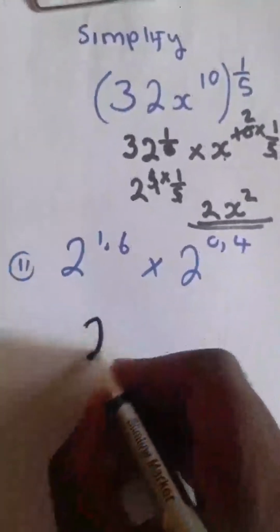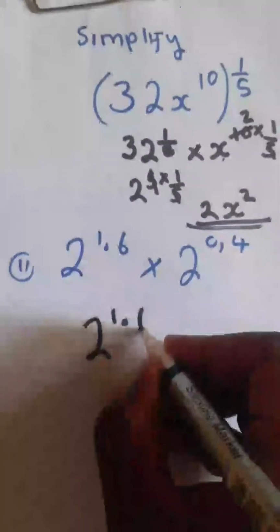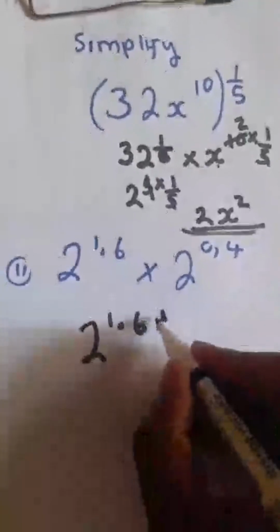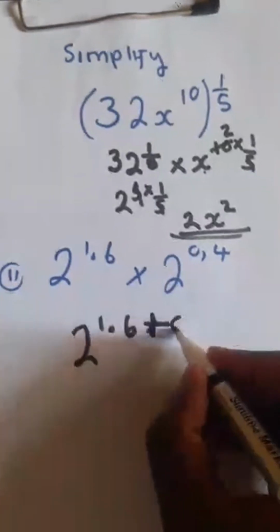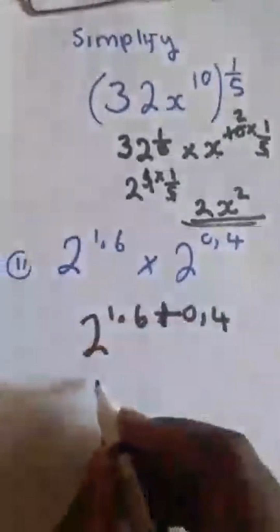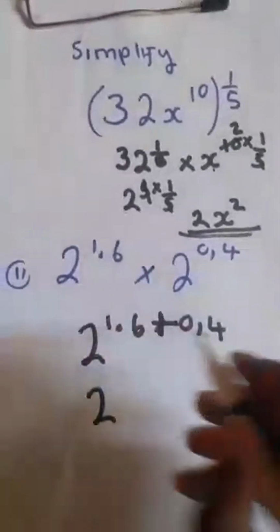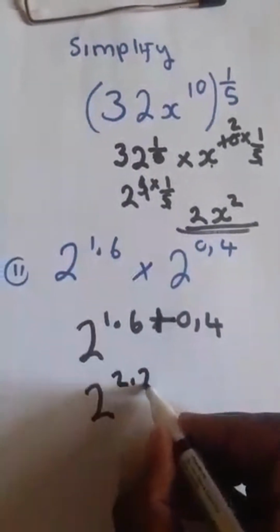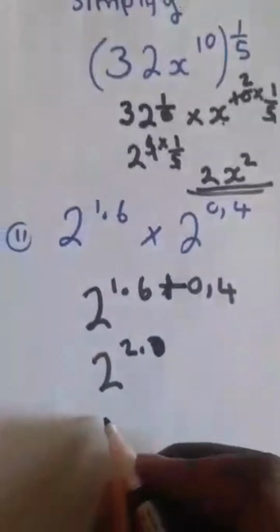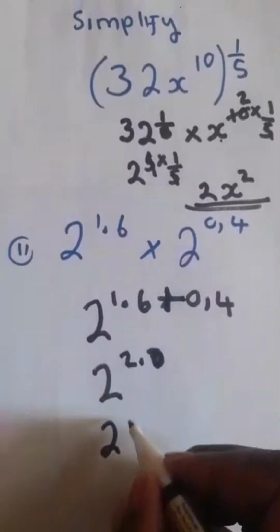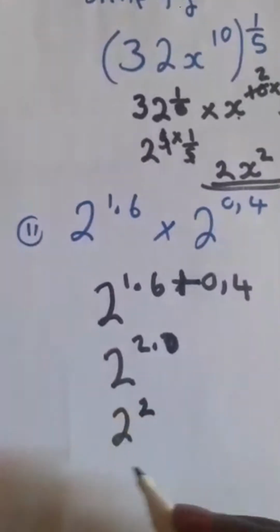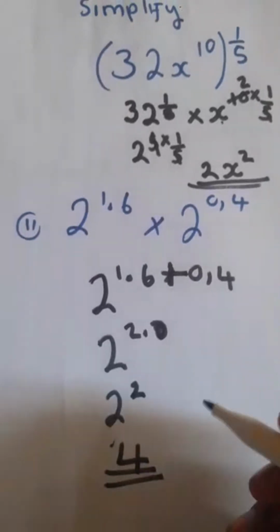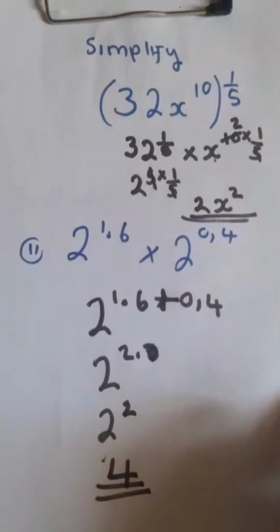Whenever we multiply, we add the powers. So it's 2 to the power of 1.6 plus 0.4, we get 2.0, which is the same as 2. So 2 to the power of 2, we get 4.